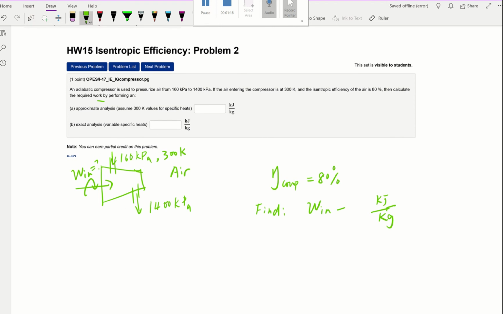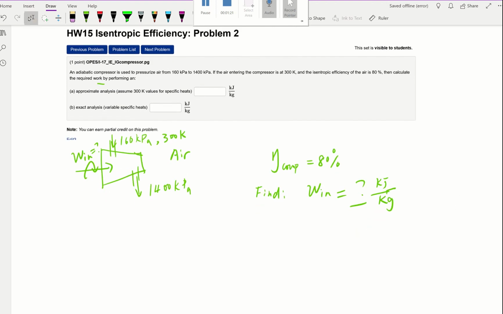Okay, so how do we solve this problem? First, we're going to figure out what isentropic efficiency is. We talked about turbine isentropic efficiency before. That is, eta for a turbine is the amount of actual work generated over, if this runs in a perfect world with no friction, the reversible work.